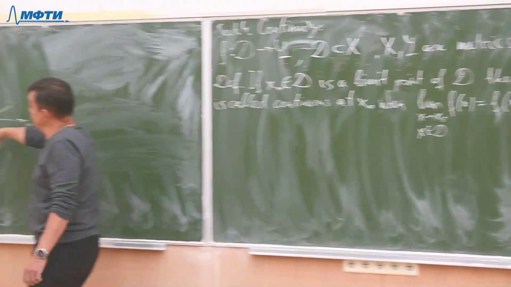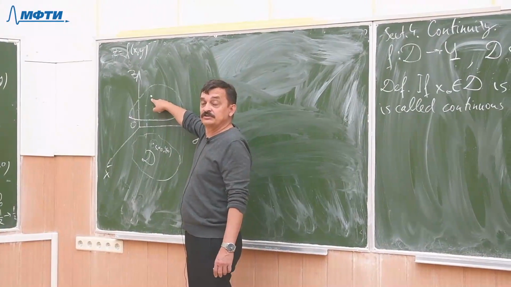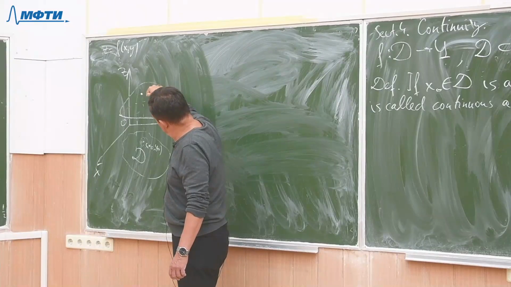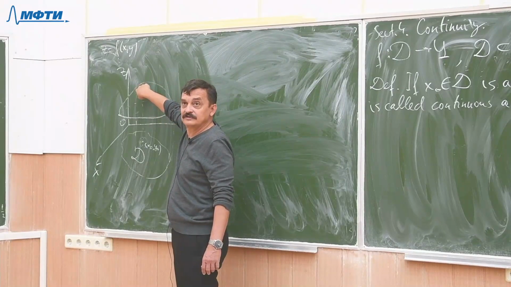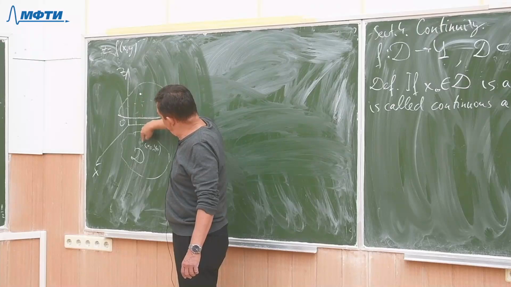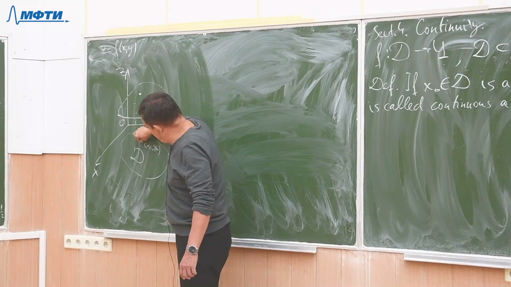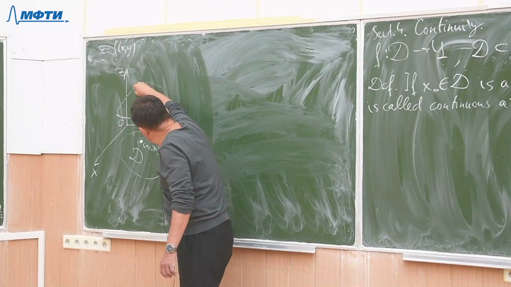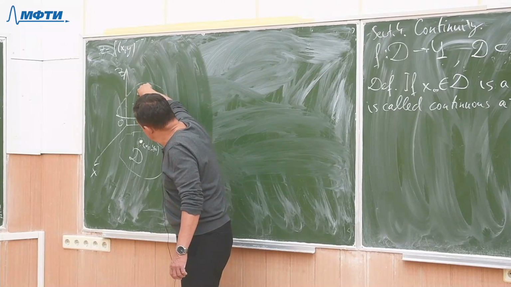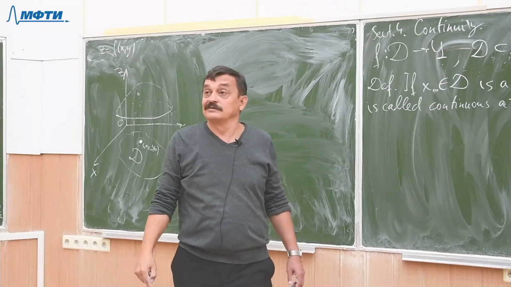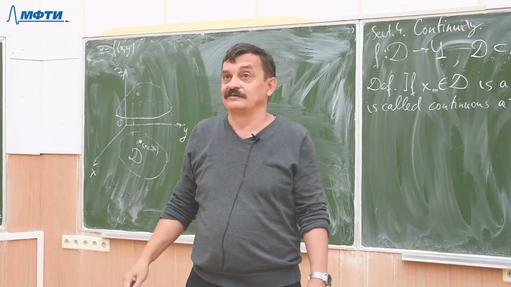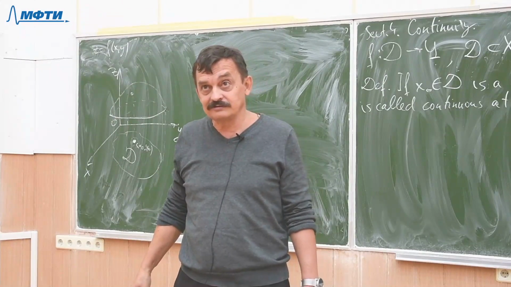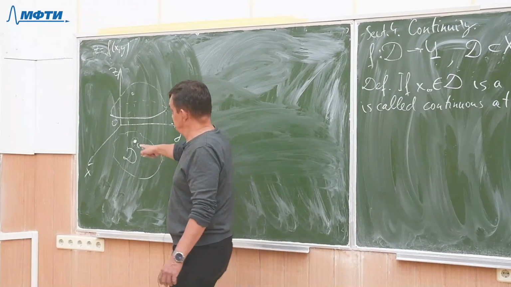So for a limit point, continuity means the limit equals the value of the function. But for example, I can choose the situation, let me make a puncture. Suppose that the value of that function at that point is equal to 0. So I make a hole in this surface, I change the value of our function at one point only, let it be 0.